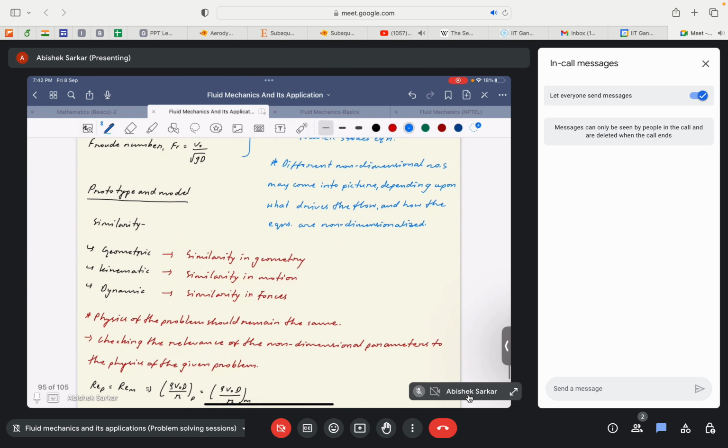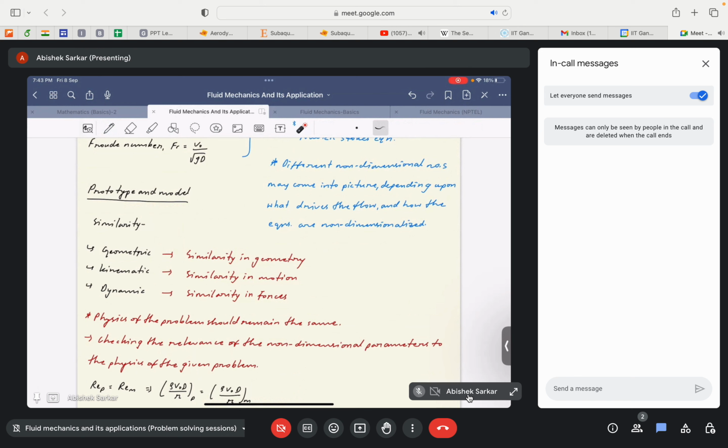So, the concept of prototype and model. I guess you know the difference between prototype and model if you have attended Professor Gupta's lecture, because there he has very beautifully discussed the difference, with an ample amount of examples. But just as a part of my own duty, let me define these two. A prototype is the life size, or approximately equal size, version of the actual system that we are going to study.